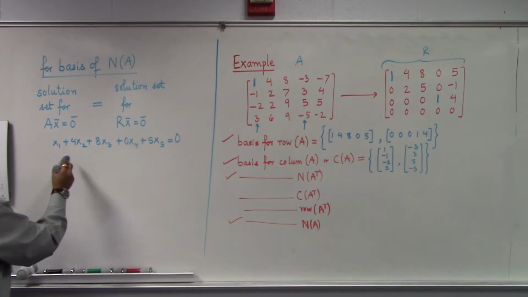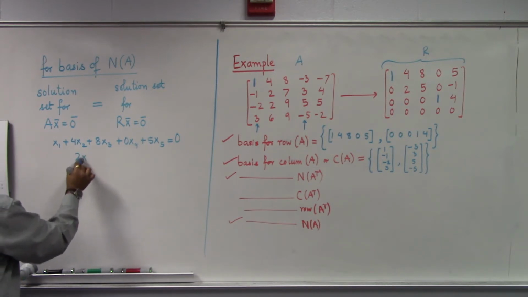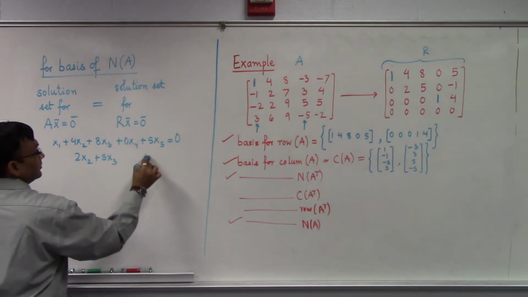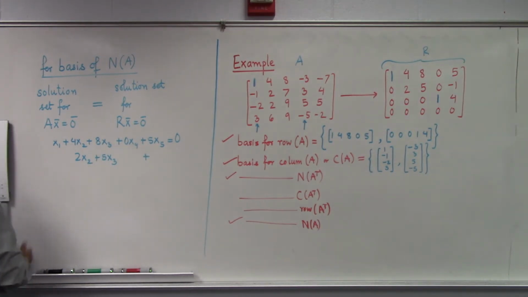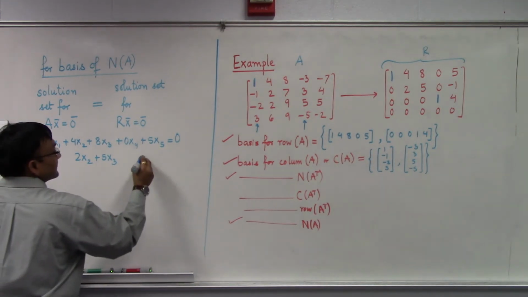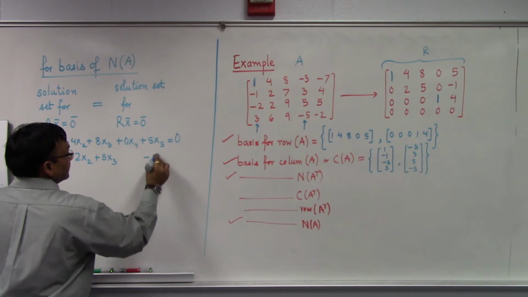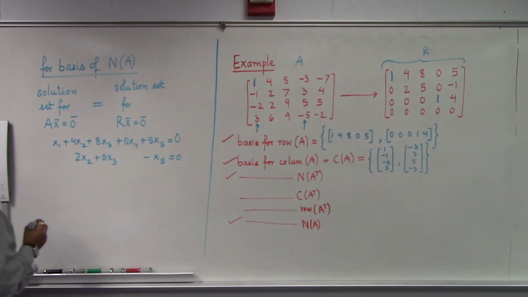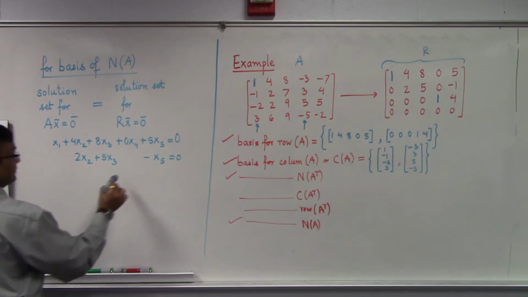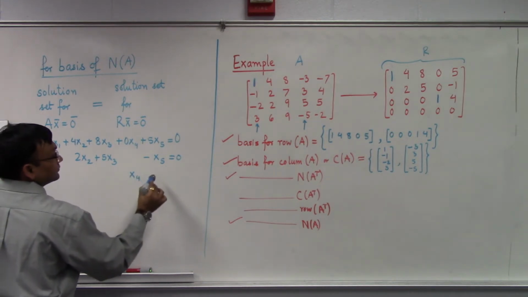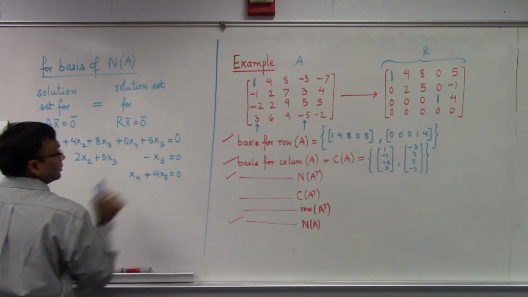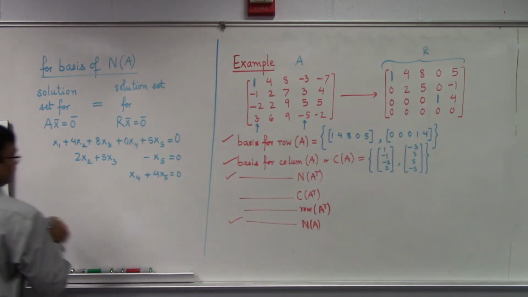And likewise, we will have other equations: 2x2 plus 5x3 minus x5 equal to 0. And what else do we have? We have x4 plus 4x5 equal to 0, and then 0 is equal to 0.